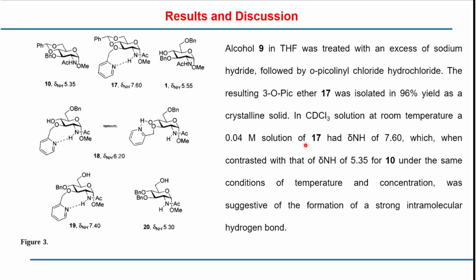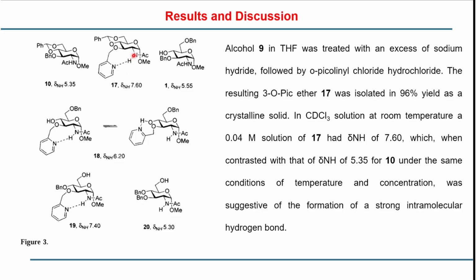They recorded the NMR of a 0.04 molar solution in CDCl3. The chemical shift value of the NH of 1 was 5.5. In the case of 17, they got a chemical shift value of NH of 7.6.